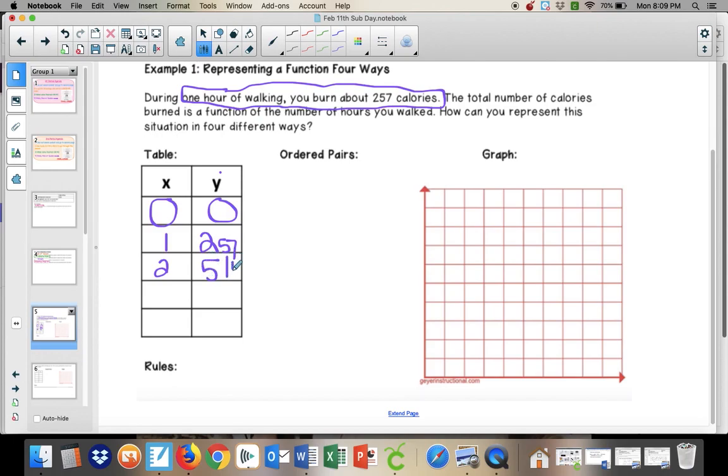So each x I am multiplying by 257. If I walk 3, so 3 times 257, this is why maybe you would need a calculator today, 771 calories. And then if I go 4, 257 times 4, I have 1,028. So we got some big numbers today.